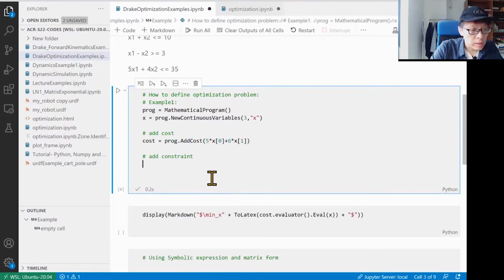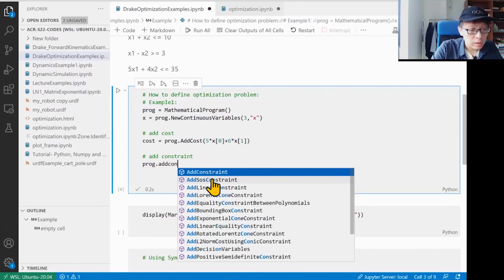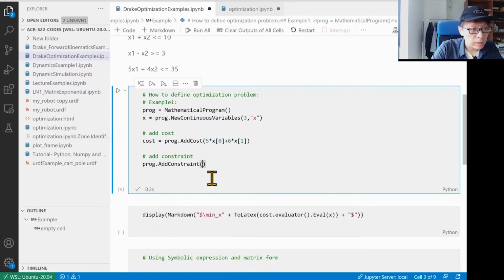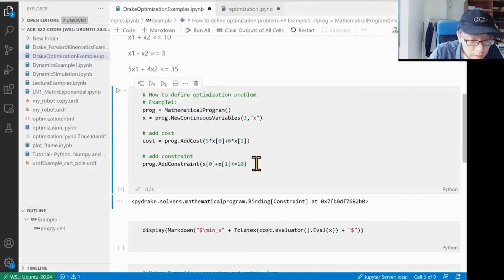And the tutorial also mentioned a way to add them one by one. Let's say, I'll just say program dot add constraint, which is x0 plus x1 less than or equal to 10. I think that should work. Yes.